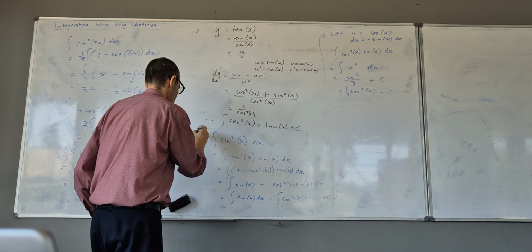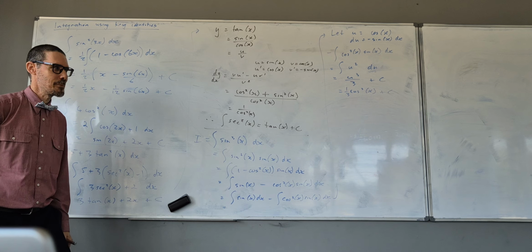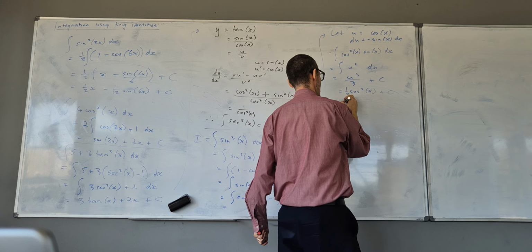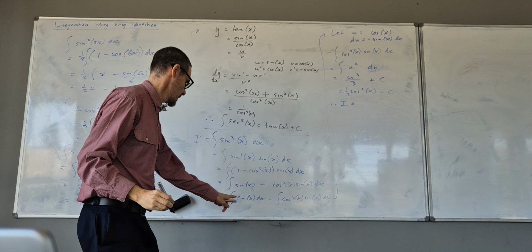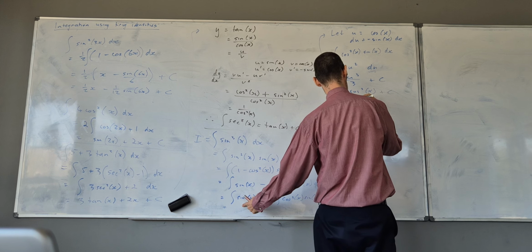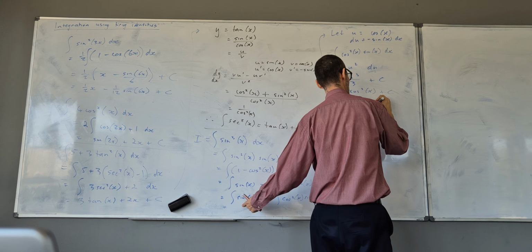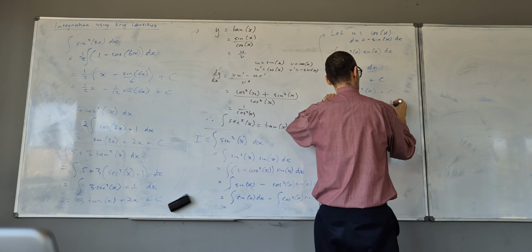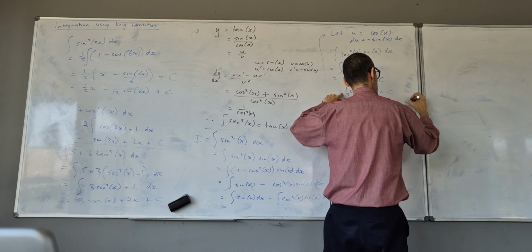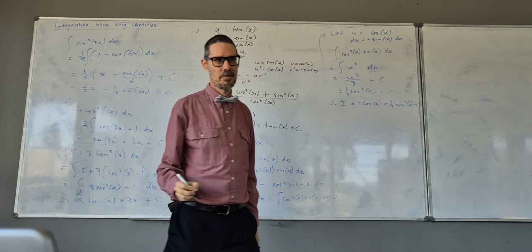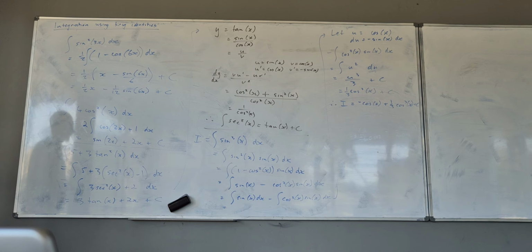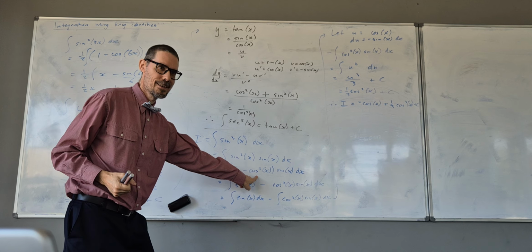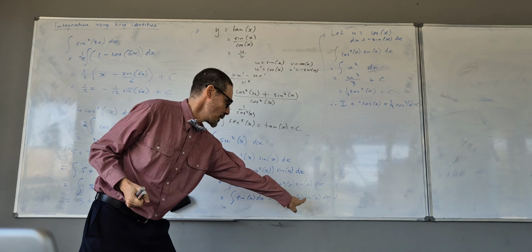And therefore my original integral is: integral of sine x is negative cos x plus 1/3 cos cubed x plus constant. So we used a trig identity to get something we could use substitution on.